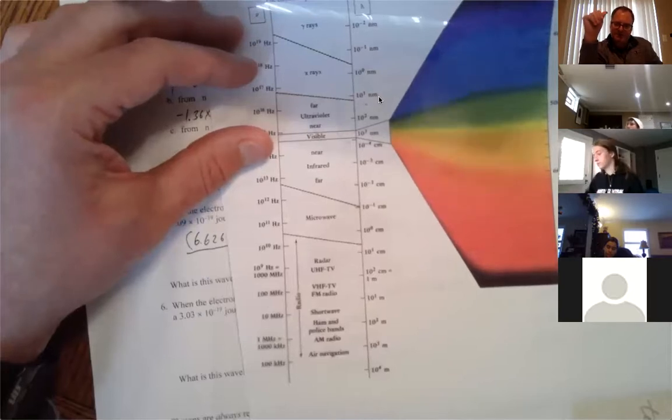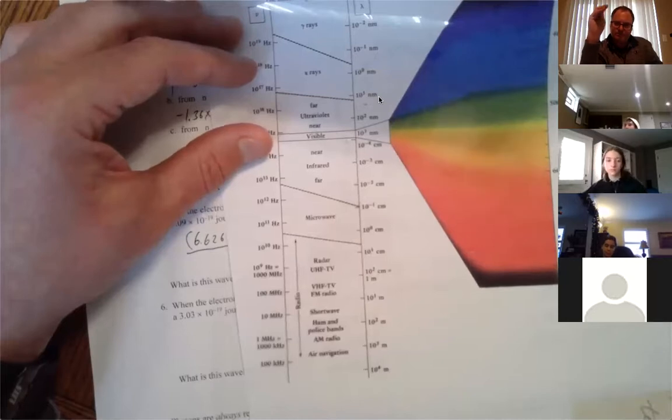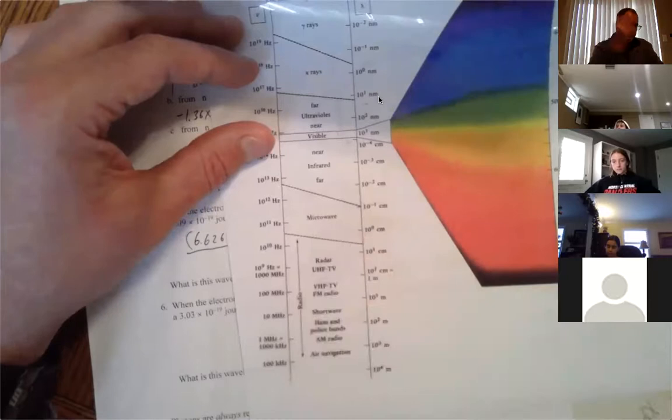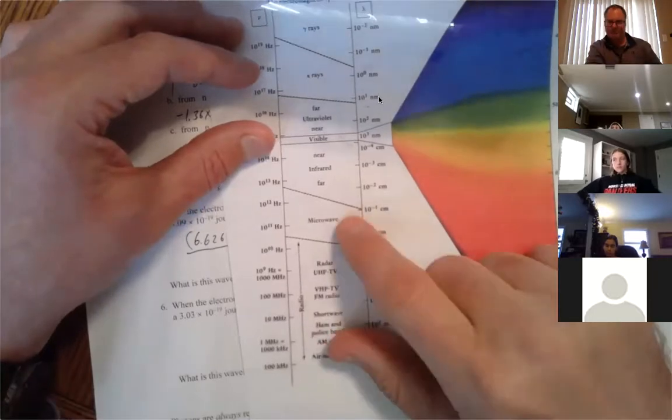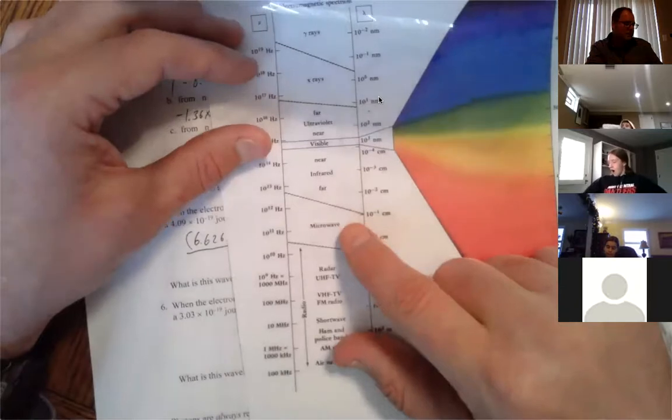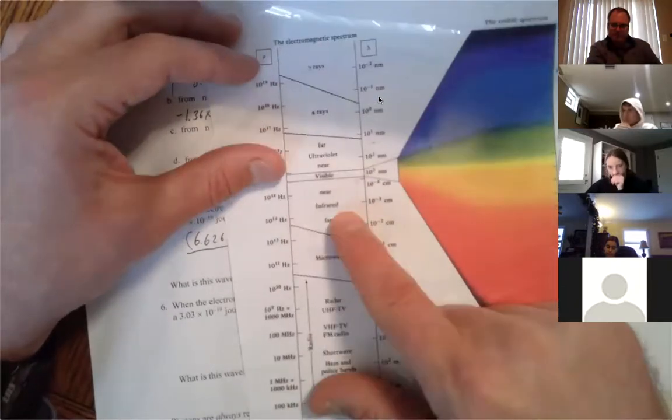What happens when they rub against each other? Just like when you rub your hands, it creates heat. Yeah, right. When you rub your hands together, that's friction. Those water molecules rubbing on each other create friction and heat up those particles, right? Kinetic energy. Just above that is infrared.